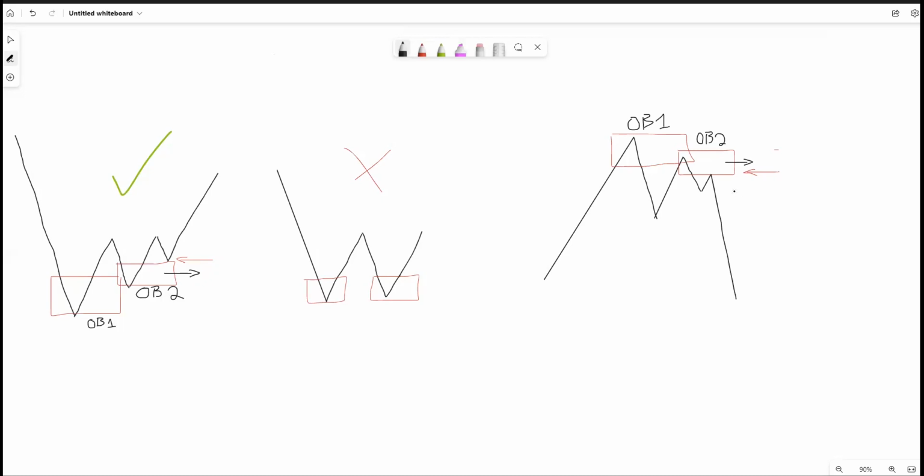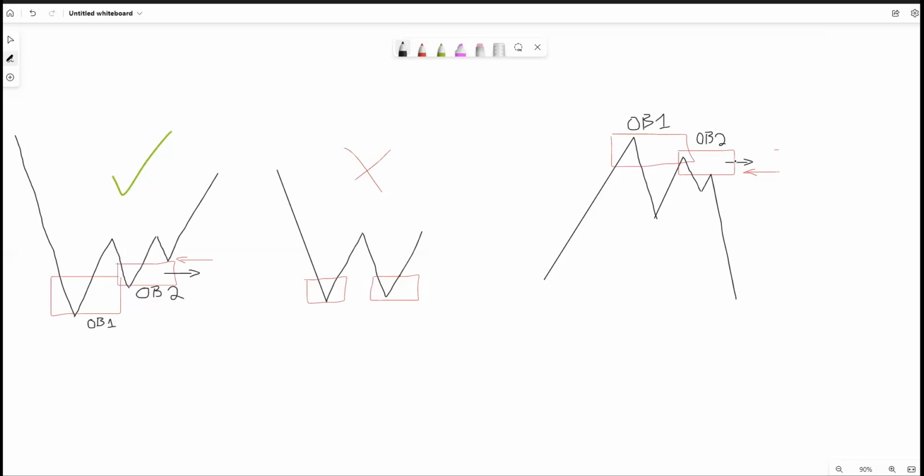So what's nice about this is that if you've identified a propulsion candle and you're trying to sell order block 2 or buy order block 2, we can really put our stop or our stop loss just above the 50%. So like 63% or 60% or whatever, maybe your broker spread is including that.